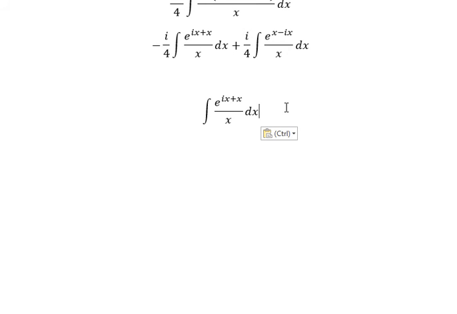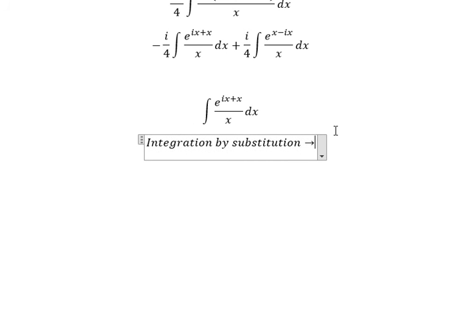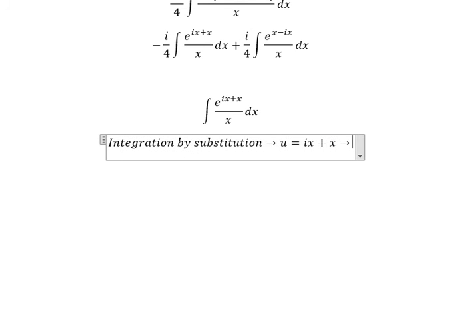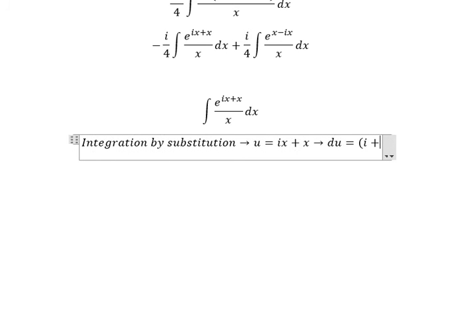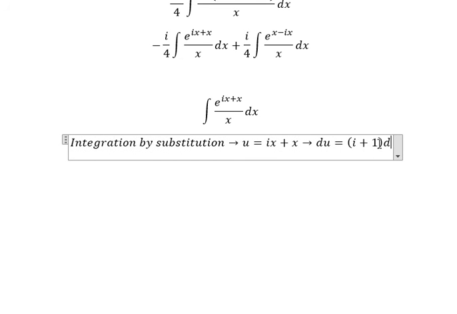Now I need to use integration by substitution. So we put u equal to (i plus 1)s. If we take the derivative on both sides, you will get du equal to (i plus 1) ds.